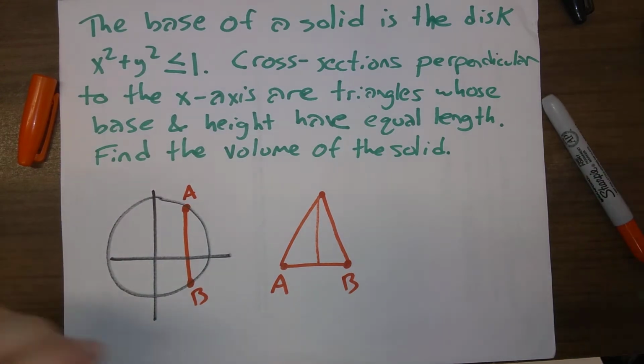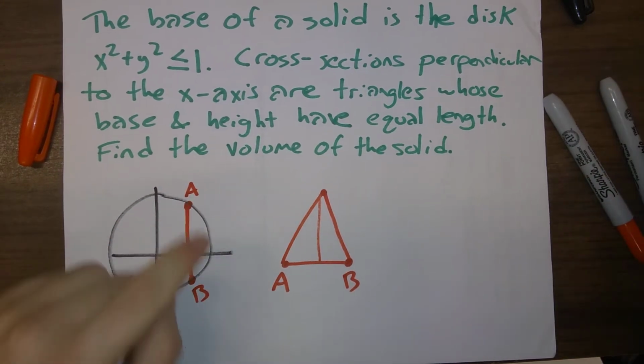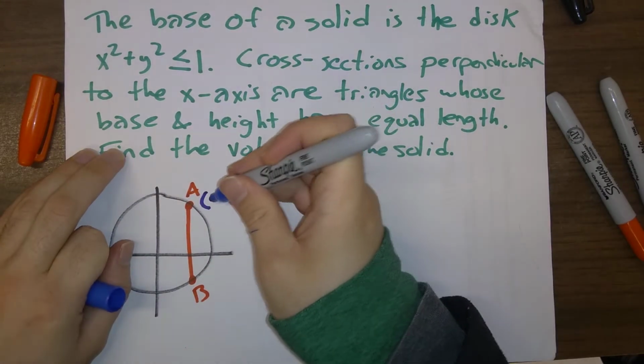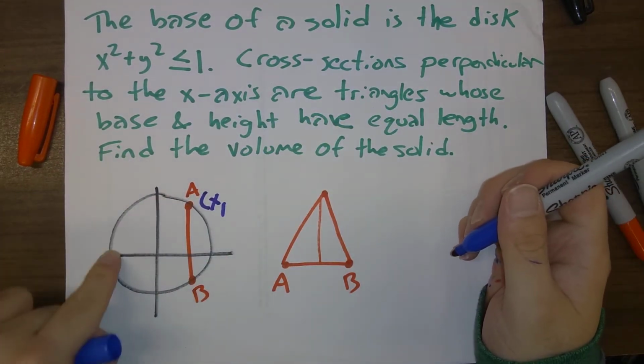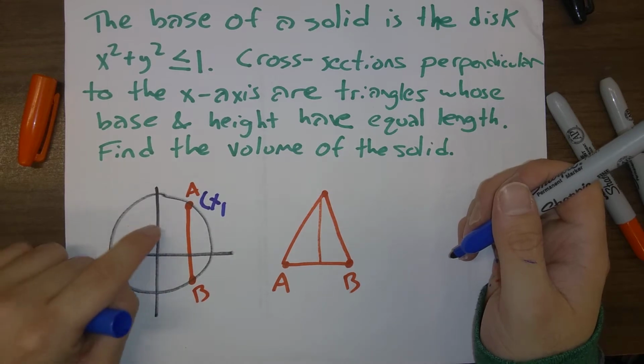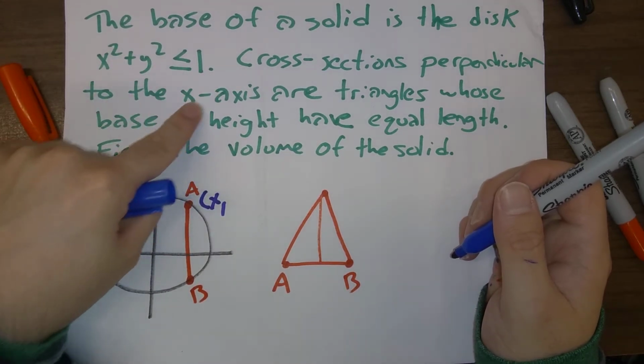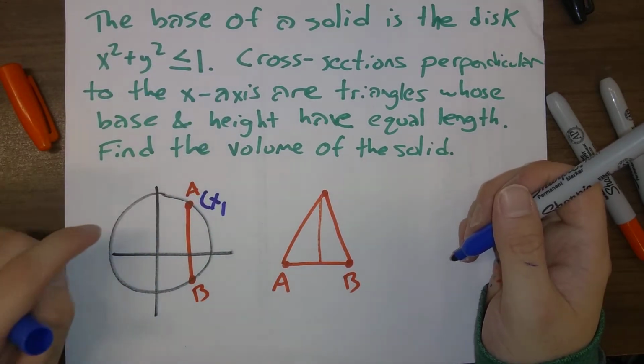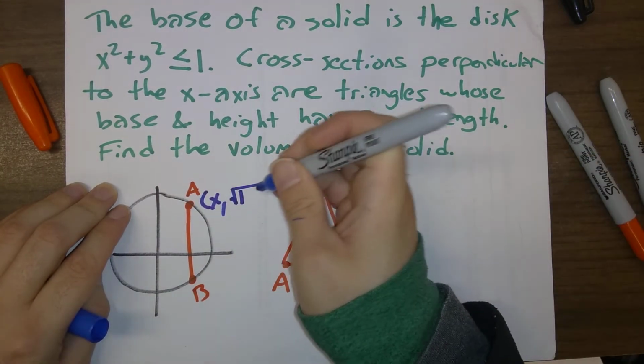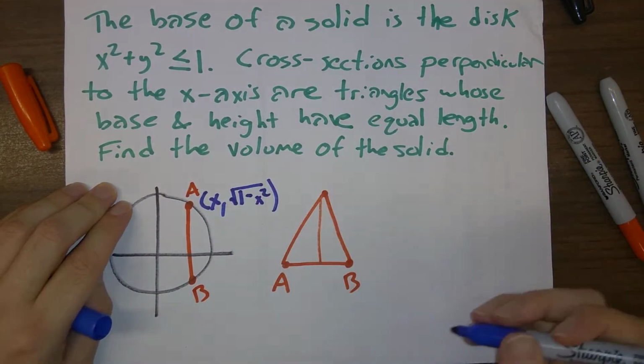So what information do we have? This point right here is at a generic x point, so that's x comma, and we'll fill in the y coordinate. For a generic x on the circle x squared plus y squared equals 1, the y value is the square root of 1 minus x squared.